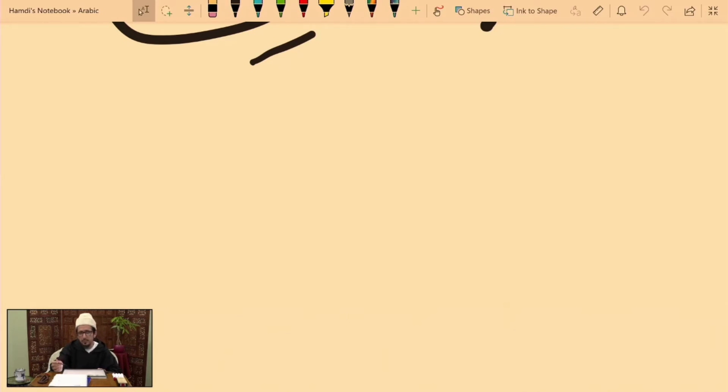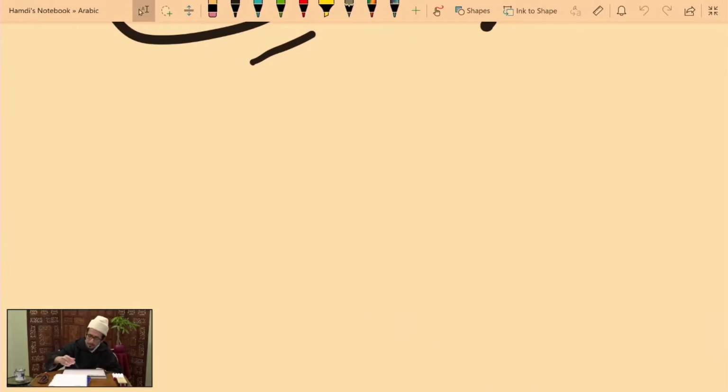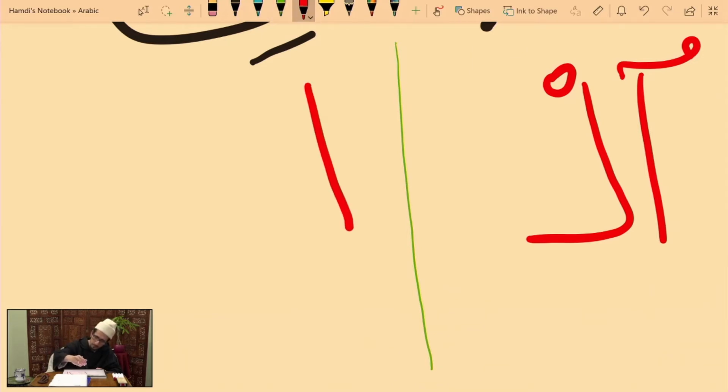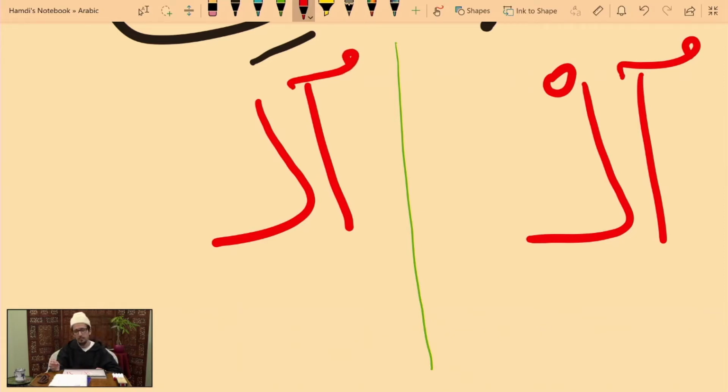We told you though that depending on the first letter of the noun, we will have "al", the one that we just studied, or this one, without sukoon on top of the al.